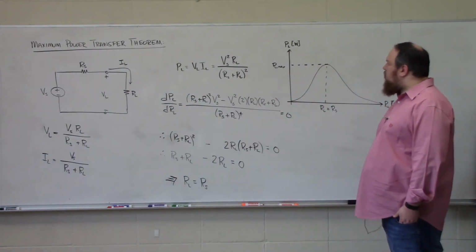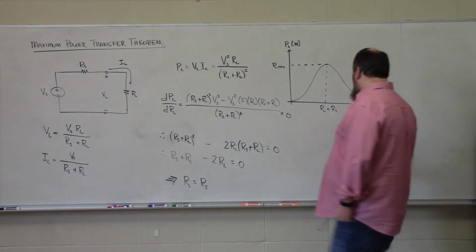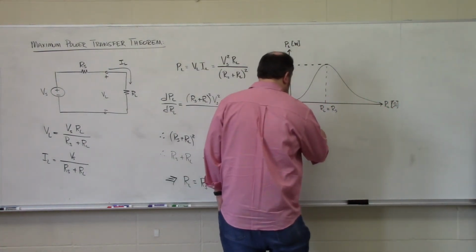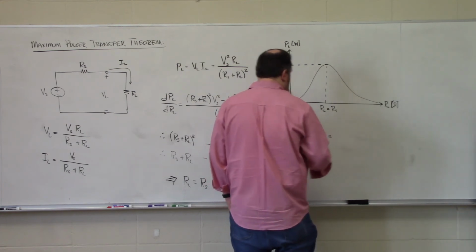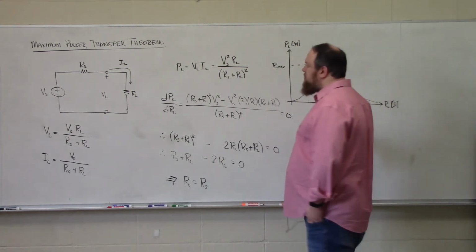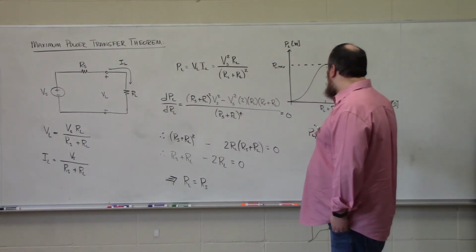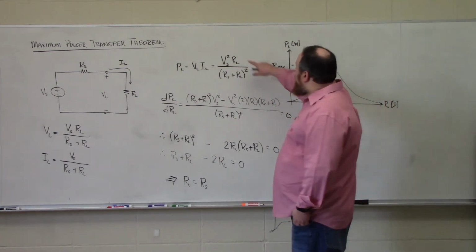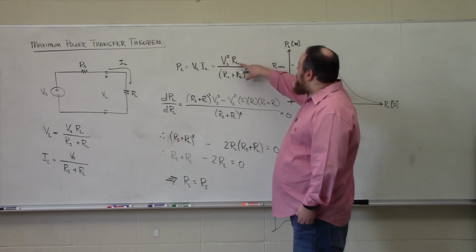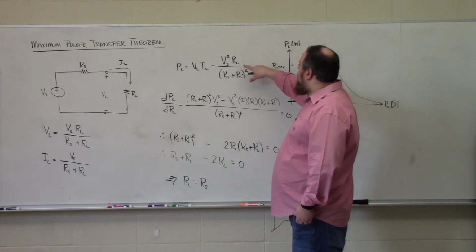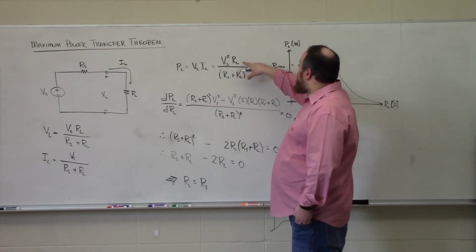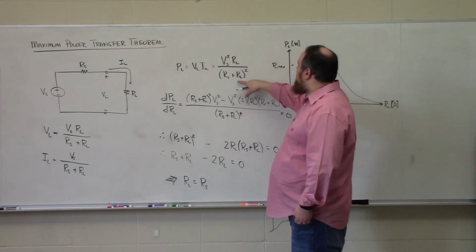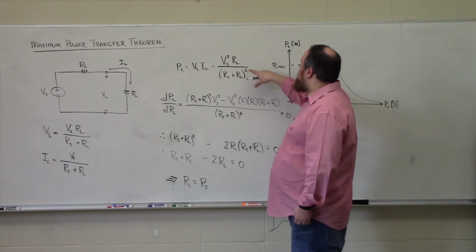So, for our practical voltage source representation, PL max occurs when RL is equal to RS, okay? So that means if we look in this equation right here, we're going to have VS squared times RS divided by twice RS squared.